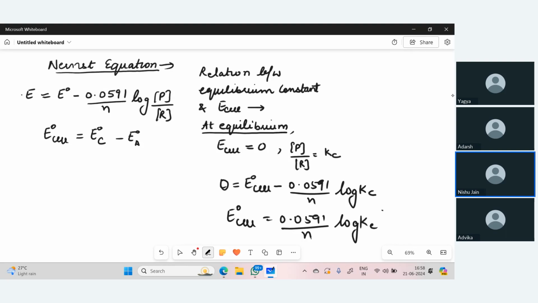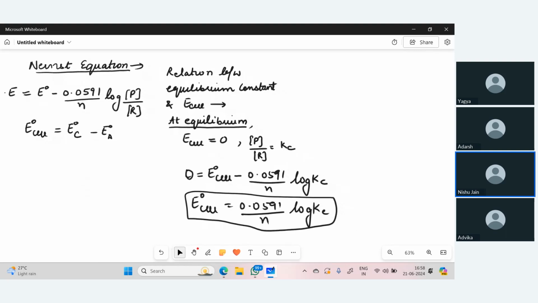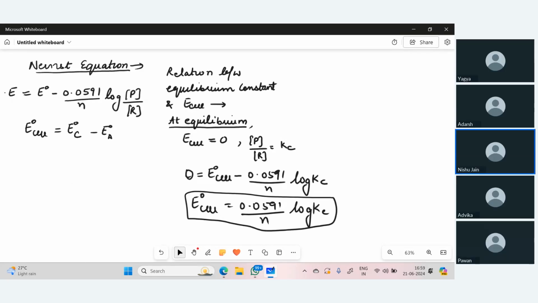That is the relation between electrode potential and the equilibrium constant, where E naught cell is the standard cell potential, n is the number of electrons exchanged, and Kc is the equilibrium constant.